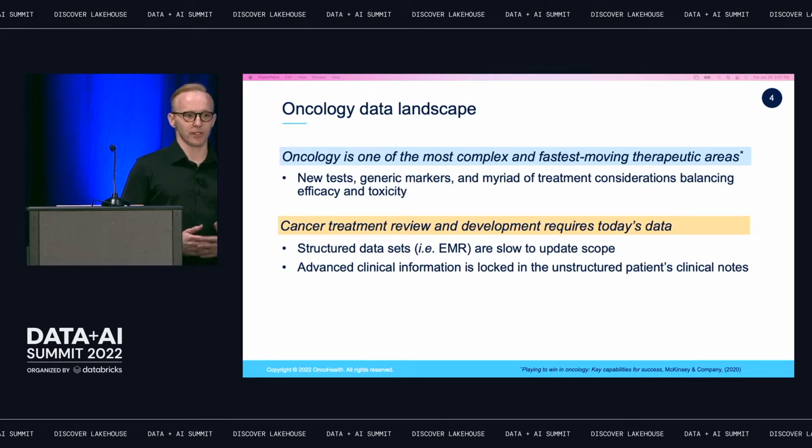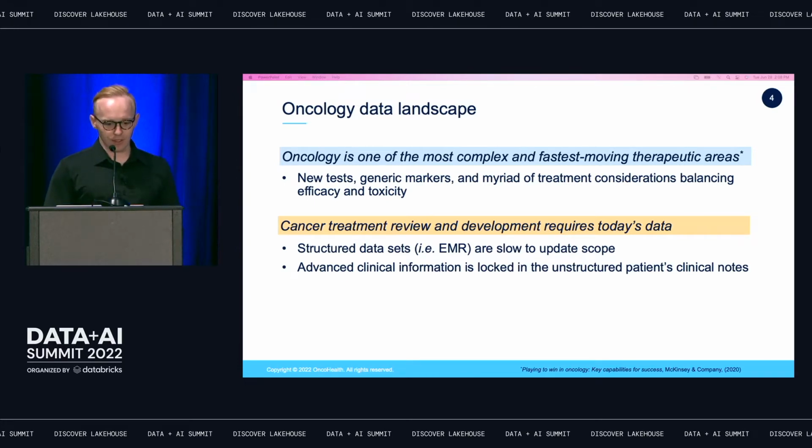They're not going to incorporate the genetic markers and variety of tests required to really understand how this patient is performing on the latest therapies. And the most important clinical information these days for complex cancer therapy considerations is essentially locked away in unstructured clinical notes. These are the notes, documentation of the patient within the healthcare system.